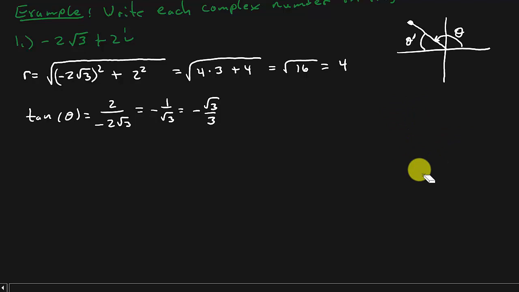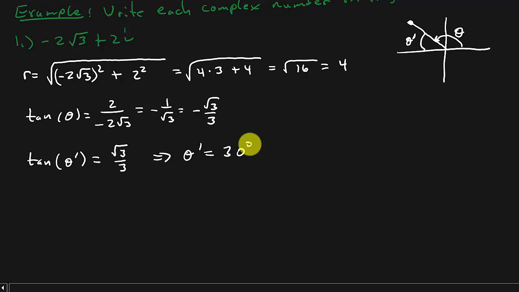All right, so let's find the reference angle. So I get tangent theta prime. Now remember, whenever you take the sine, cosine, or tangent of a reference angle, it's always positive, because the reference angle is in the first quadrant, and all trig functions are positive in the first quadrant. So this is going to give me the reference angle is equal to what? 30 degrees.